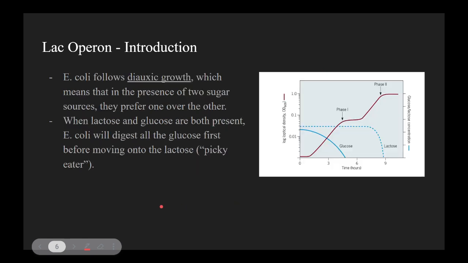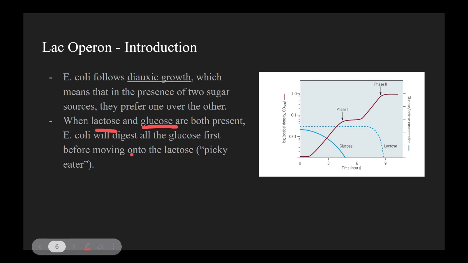All right, to set the stage, E. coli follow what's called diauxic growth. This essentially means that they're picky eaters. They need sugar for energy, but if there are two different sugar sources, they prefer one over the other. The two that they choose between are lactose and glucose.